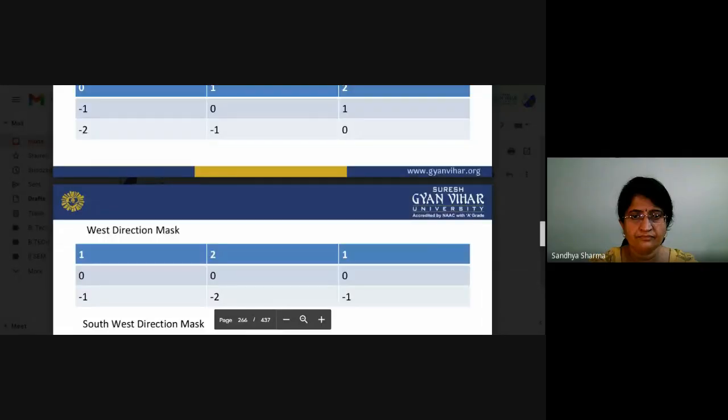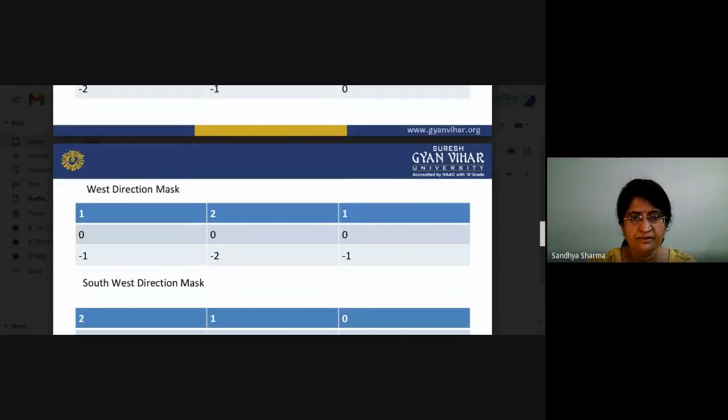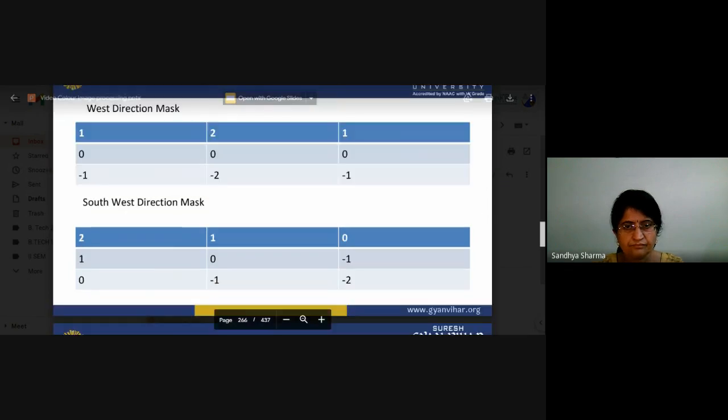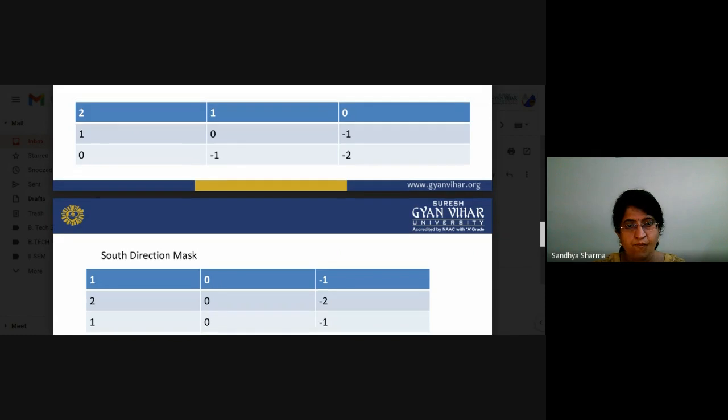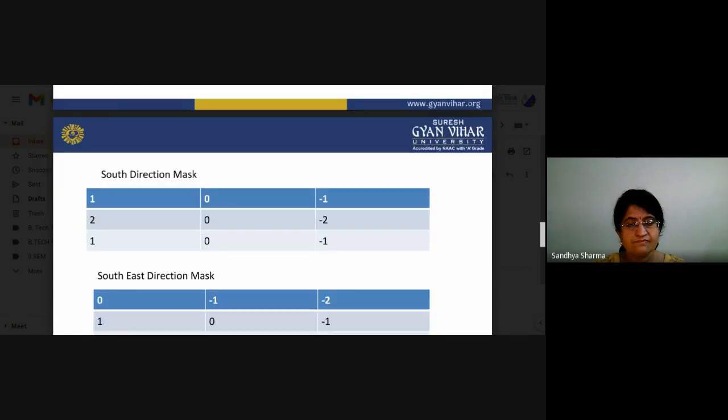So you can see here the north direction mask, the northwest direction mask, the west direction mask, the southwest direction mask, the south direction mask, and the southeast direction mask.